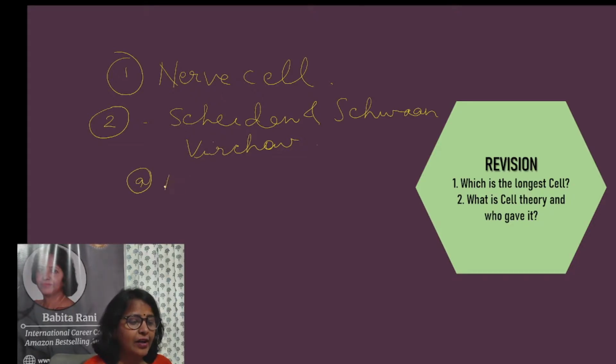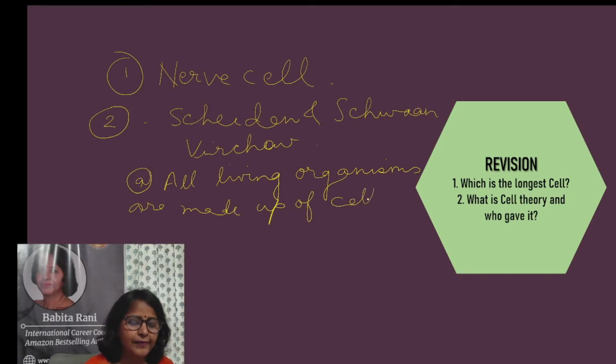Number one, all living organisms are made up of cells. Number two, cell is the basic unit of life. You can also write structural and functional unit of life.